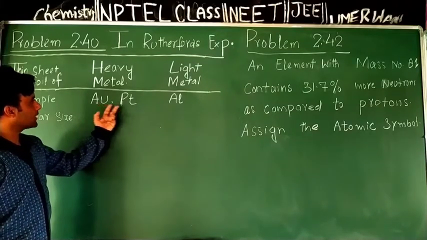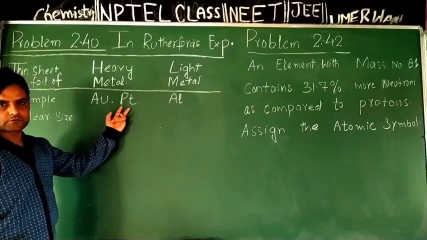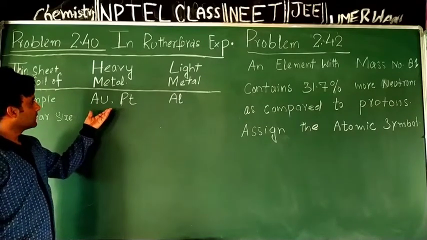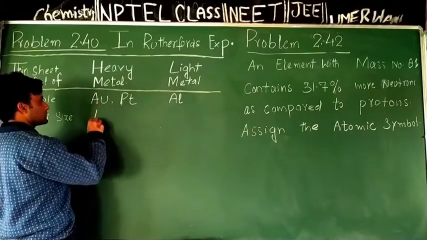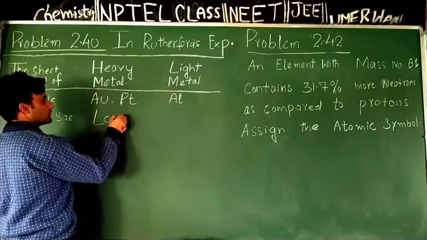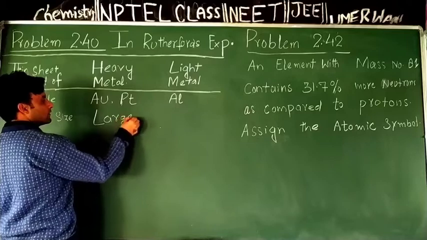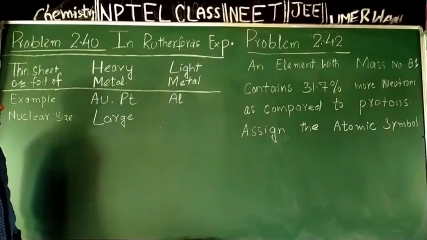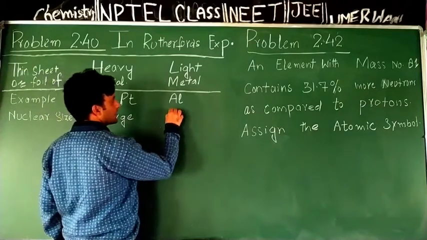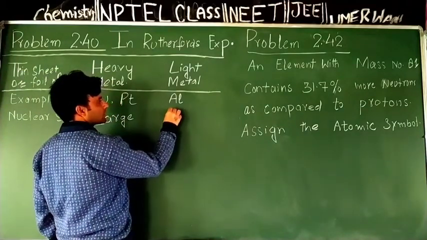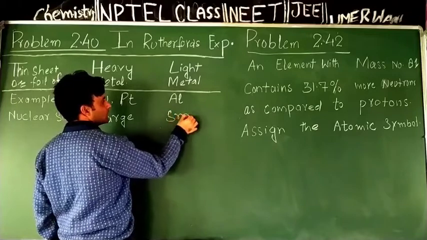Because gold and platinum are heavy metals, their nuclear size will be large. Size of nucleus of gold atom or platinum atom will be large, and size of nucleus of aluminum atom will be small.